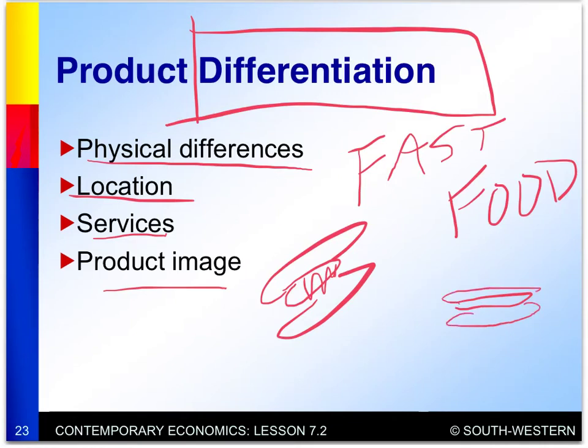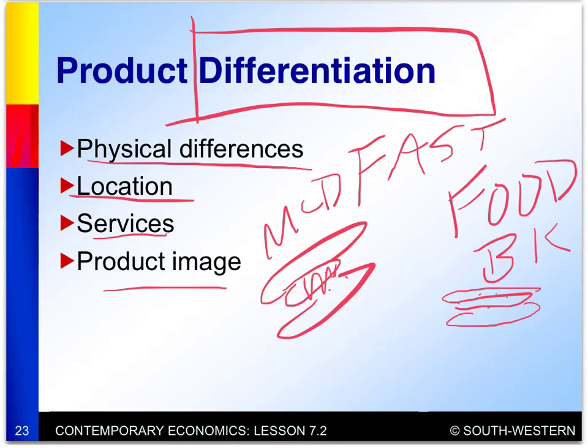But anyway, these two things are packaged differently. They come in different boxes with different colors and different shapes and sizes. The same way is true with Coke, Pepsi, and soft drinks.